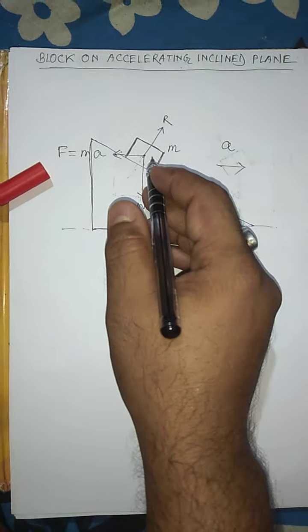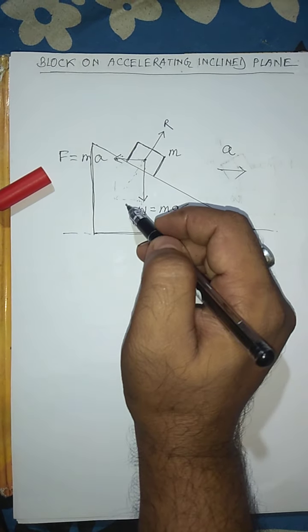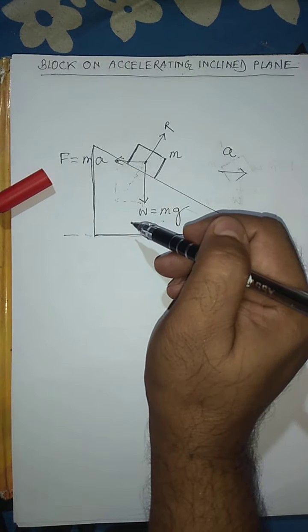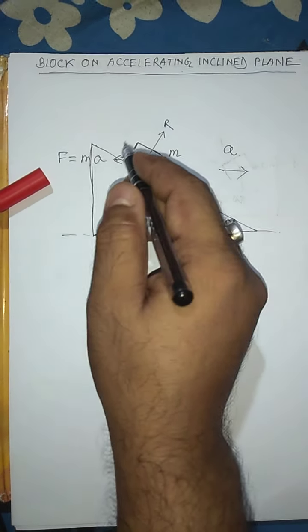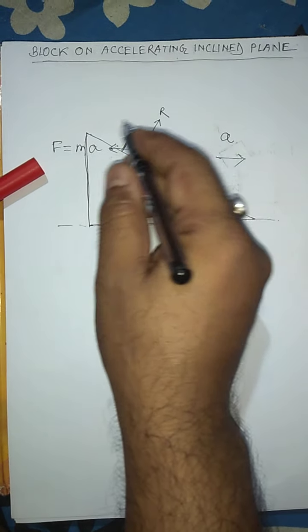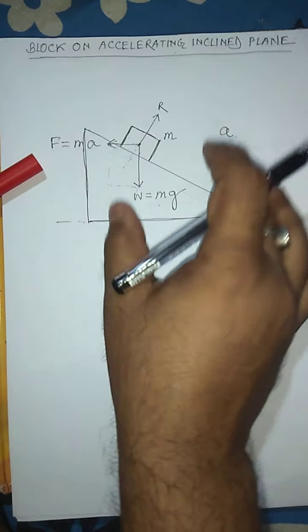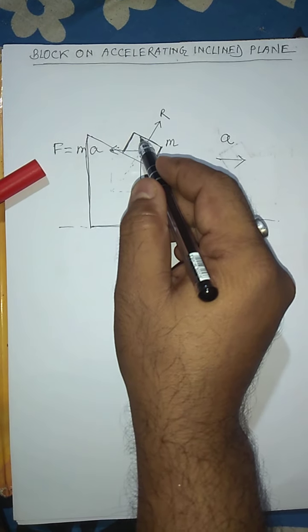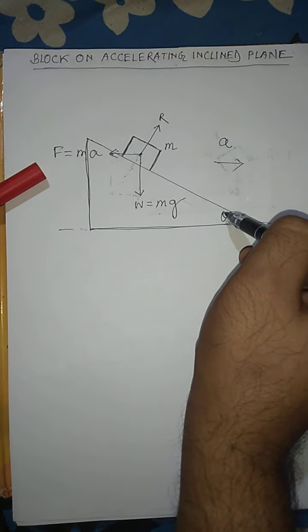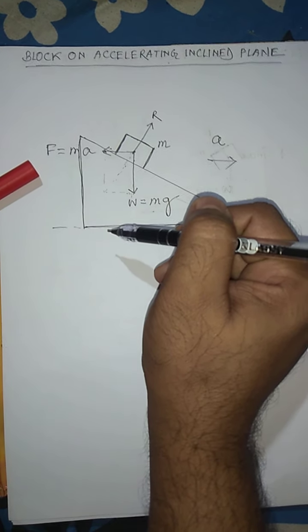The three forces acting on this block are coplanar. They act at the same point, and these three forces can be said to be at equilibrium since the block has no acceleration relative to this inclined plane.